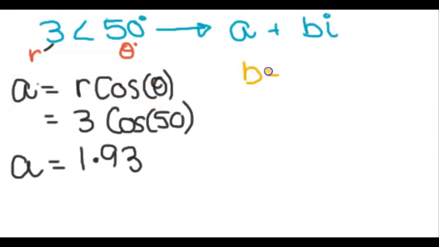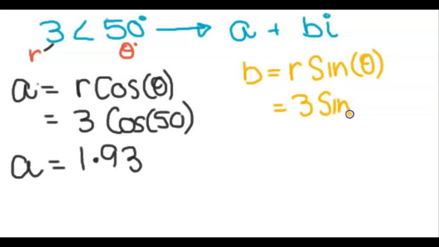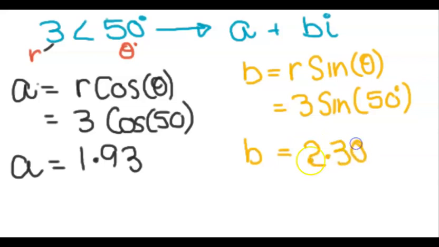The B is R sine theta. Now R is 3, sine is a sine, and theta is 50 degrees. So I put that in the calculator, and that will give me a value. Got B as 2.298. So that will be 2 decimal places, 2.30. Now I need to write in this form.